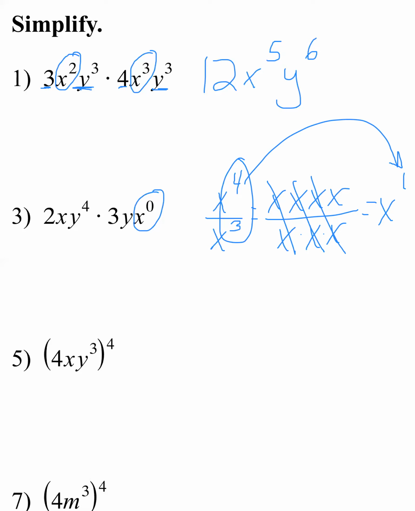So if I had x to the fourth over x to the fourth, following that same logic, I'd have x to the 0 power, wouldn't I? But go back to this. If you have a fraction with the exact same thing in the numerator and denominator, isn't it just 1? Isn't 3 over 3 just 1? Or 10 over 10 is just 1? So x to the fourth over x to the fourth is just 1.